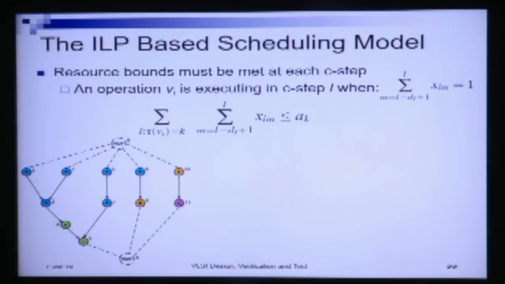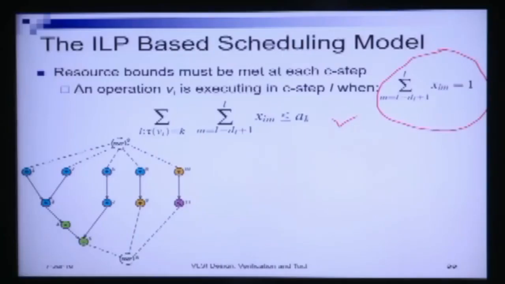So, we represent that in this term, the sum over m equals L minus Di plus 1 to L. This represents the time it goes back at most Di time steps from the current time step and finds out whether the operation has started at any time between the Dith previous time step and the current time step. If it has started at most this many time steps earlier, then it is also currently executing.